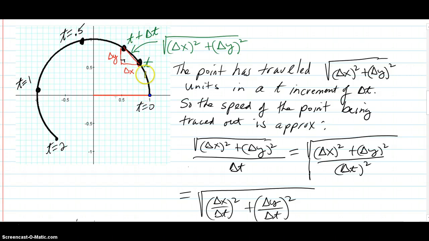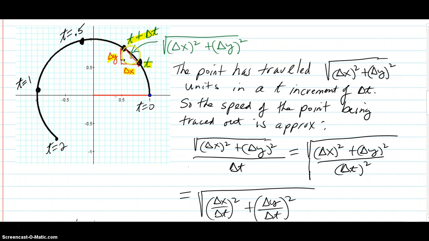Alright, so here's your curve, the parameterization of which was given earlier in this video. When you're at a t value, but you're moving to a t plus delta t value, then you have a change in x. In this case it would have been negative, because as you go from one point to another, you're going backwards with your x, but you're going up with your y, so the delta y would have been positive.